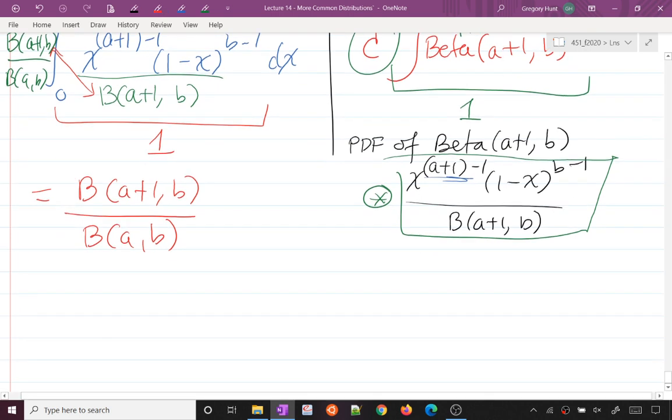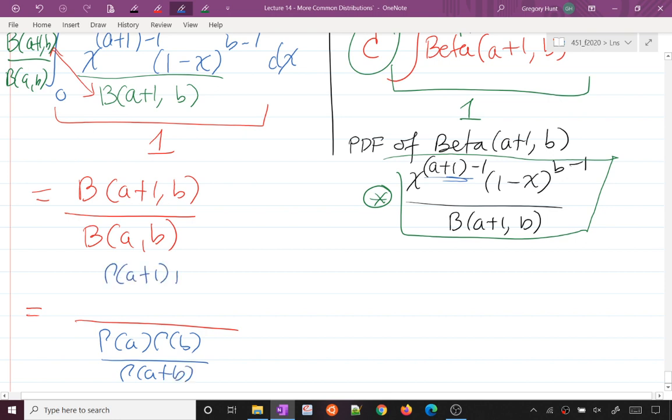Let's expand this out using the definition of the beta function. So beta of (a, b) is gamma(a) gamma(b) over gamma(a+b). And then on top I have gamma(a+1) gamma(b) over gamma(a+b+1).